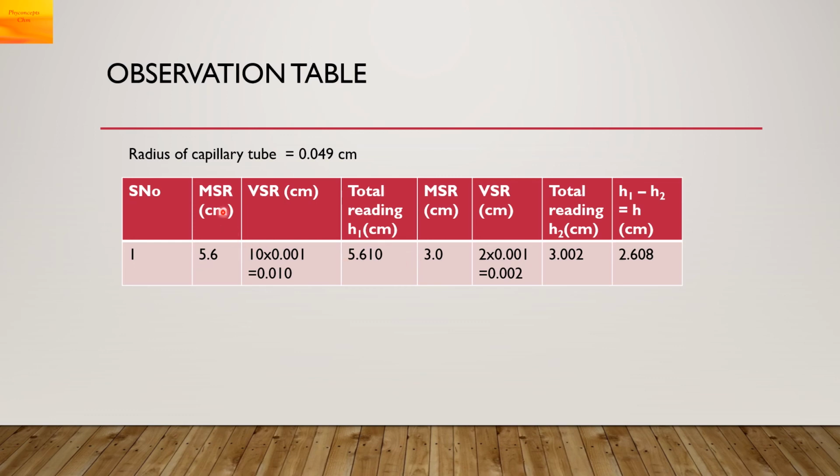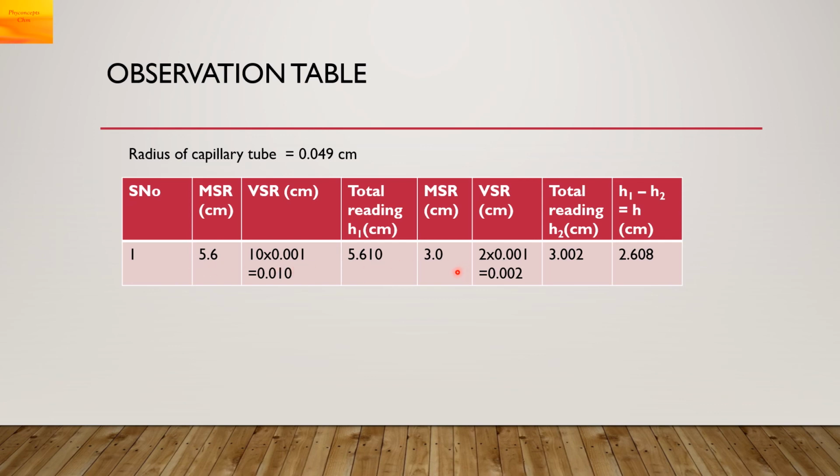For H1, we will note down the main scale reading on the main scale of the microscope, and also note down the vernier scale division. Like, main scale reading here is 5.6 and the vernier scale division we get as 10. We will have to multiply it with the least count of the traveling microscope, that is 0.001, and then we will add both these to get the total reading H1.